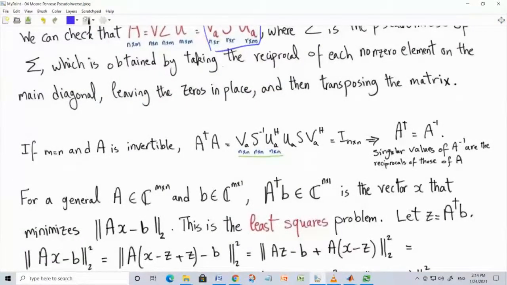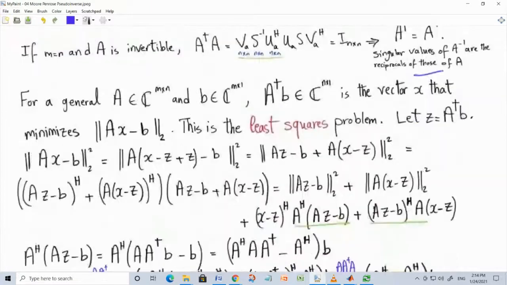Here is the point that I mentioned. It's very important that if your matrix happens to be square and invertible, its pseudo inverse is the conventional inverse that you know. So the SVD is related to the pseudo inverse, and the pseudo inverse is a general concept.